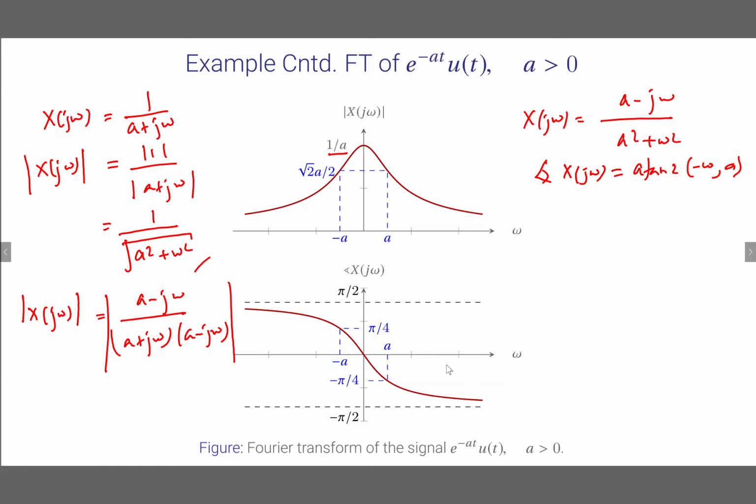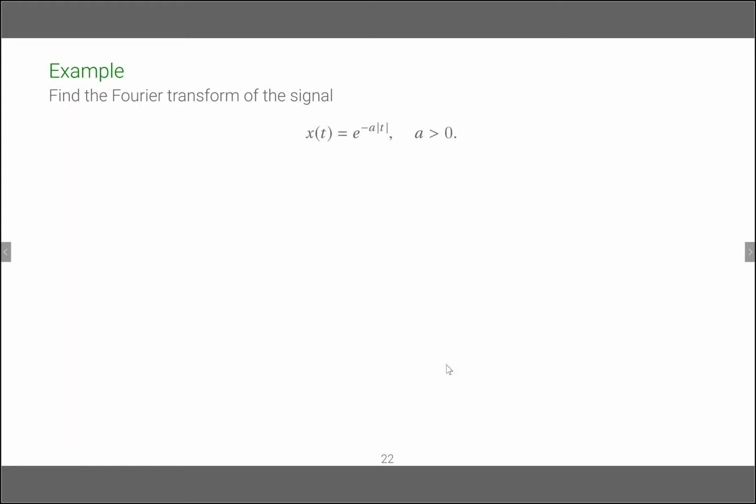Therefore you can see when ω is equal to minus infinity, it is plus π/2, and when ω is equal to infinity, it is minus π/2. When ω is equal to 0, it's 0. So you can see we have plotted the magnitude plot and the phase plot of this signal, Fourier series, Fourier transform, I'm sorry. Okay, so as a next example, we will look at x(t) equals e to the power of minus a modulus of t.